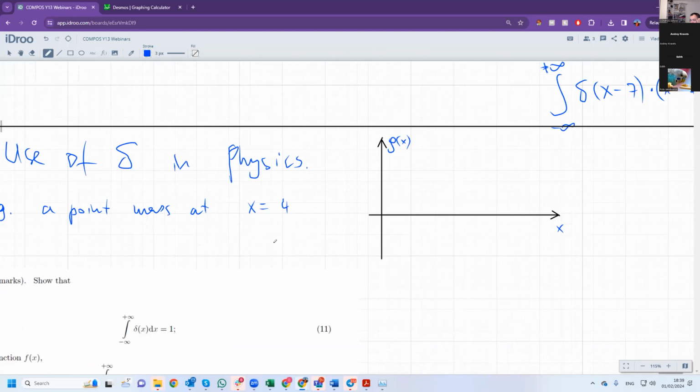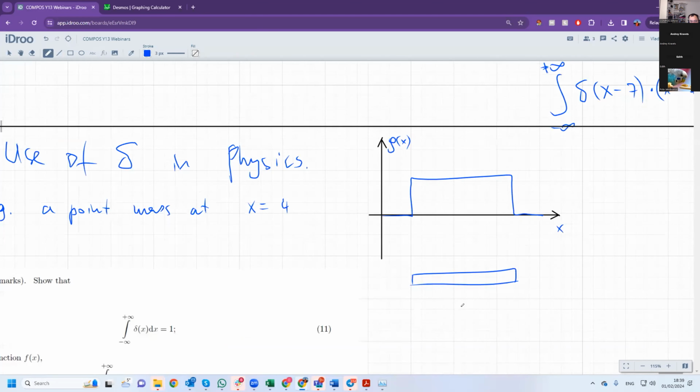Like if you have something that is not a point mass. For example, if you have a uniform rod like this, you would have 0, 0, 0, then up like this.